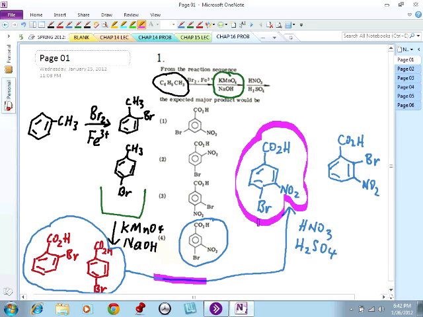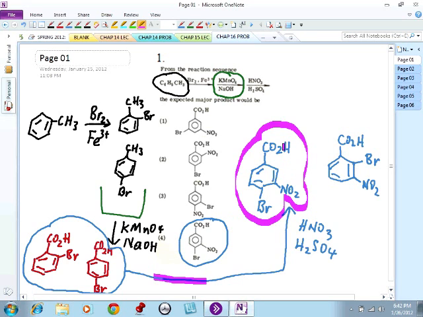Because we have a carboxyl group. The carboxyl group is a meta director, and the bromine is an ortho-para director, and bromine is a moderate deactivator. On the other hand, the carboxyl group is a strong deactivator. So the bromine will be the director here. That is the answer to that.